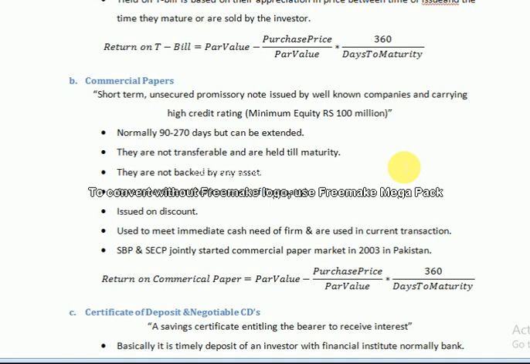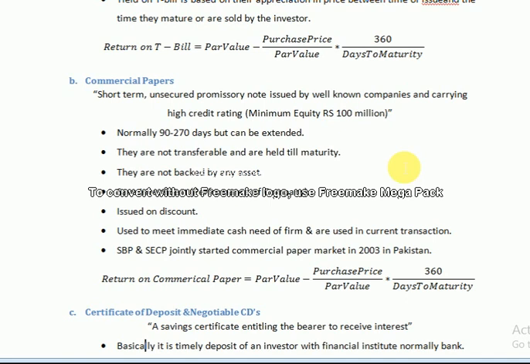T-bills or treasury bills have maturities, as we discussed in detail, of up to 1 year or less, but the maximum is up to 1 year, and mostly they do not pay interest before the maturity date. They are sold in auctions at a discount from the par value.